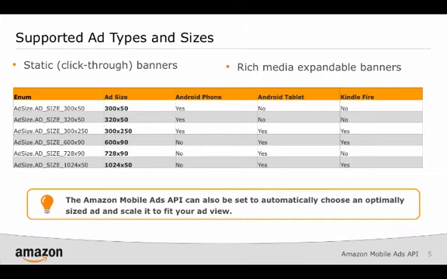The Amazon Mobile Ad Network supports ad sizes of 300 by 50, 320 by 50, and 300 by 250 for phones, and 600 by 90, 728 by 90, 1024 by 50, and 300 by 250 for tablets. You can let the API automatically select the optimal size for your ad view, which makes it easy to accommodate the widest array of screen sizes and pixel densities.